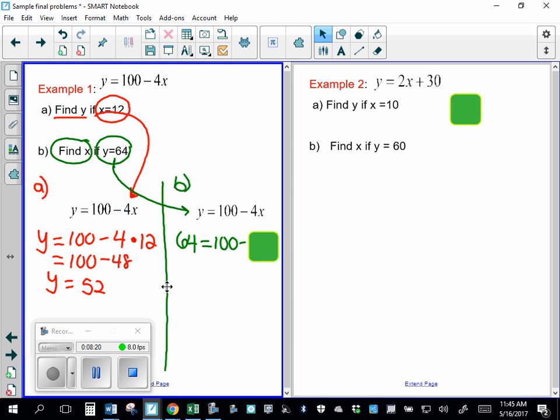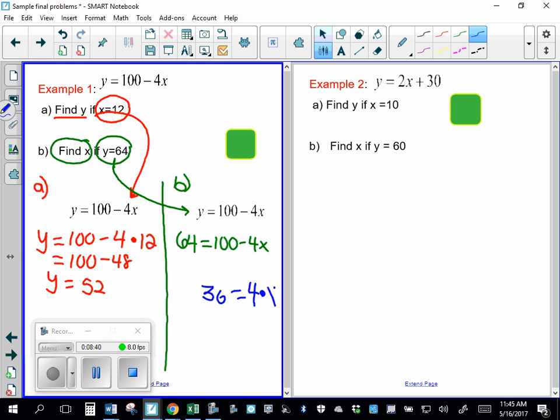Okay, so Gabby, with that 36, we know what's missing in the box. The hidden number is 36. So I have to say 36 is equal to whatever is in the box. So 4 times x, there's got to be 4 times some number. This has to be equal to 36.